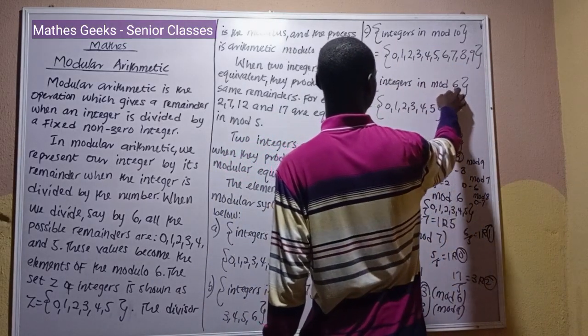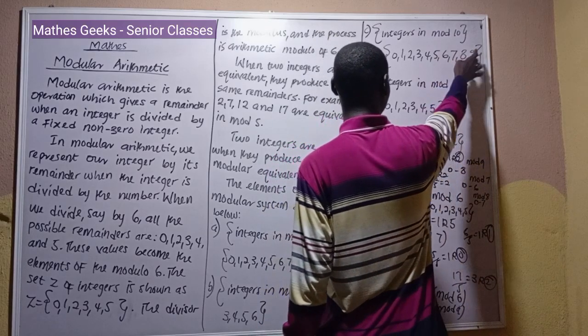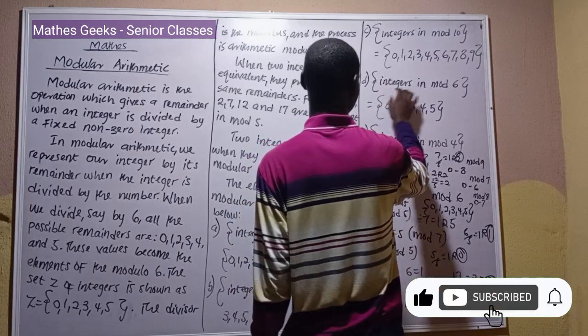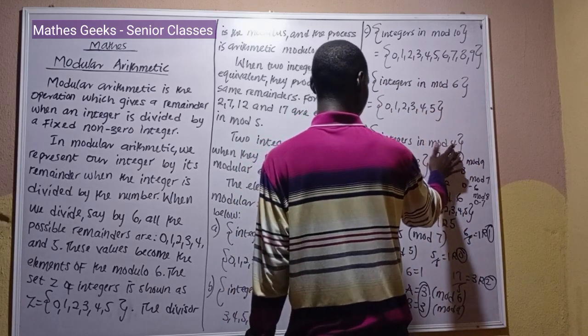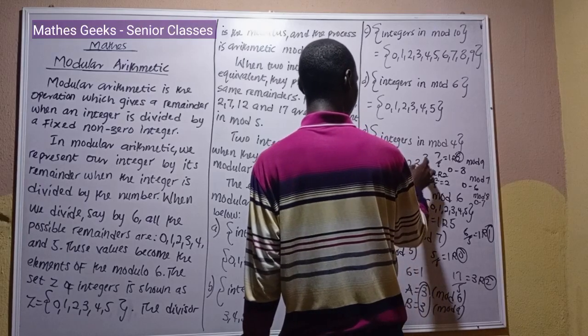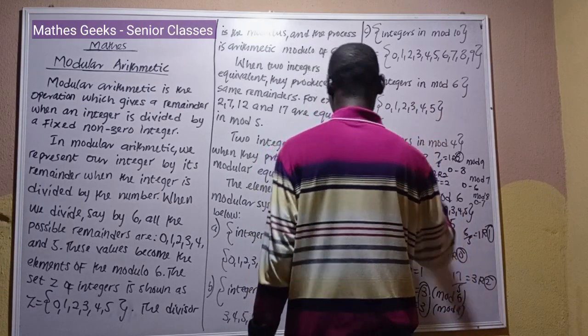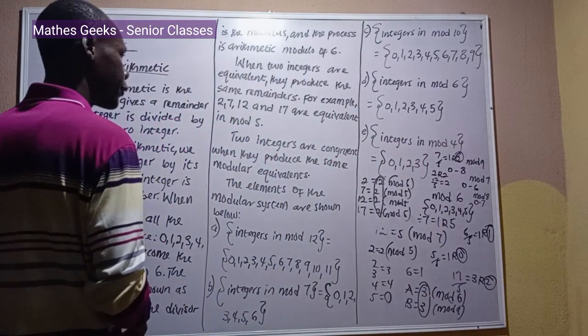Integers in mod 6, the highest remainder will be 5. When it's done in mod 4, the range of numbers will be from 0 to 3. So never exceed the mod number; take that into cognizance.